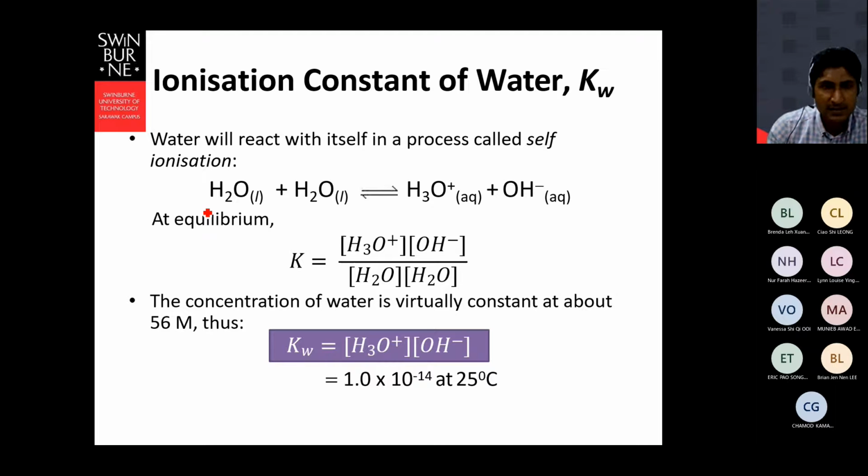How much self-ionization does it do? Since it is a self-ionization and a very small amount, it will happen normally. So there is a double arrow between them, a both-way arrow, which tells us that there is a reversible reaction.